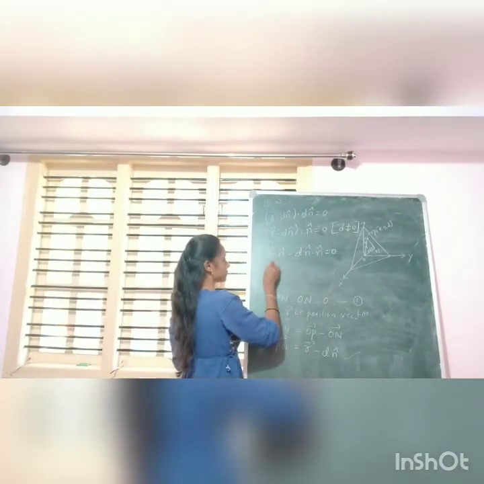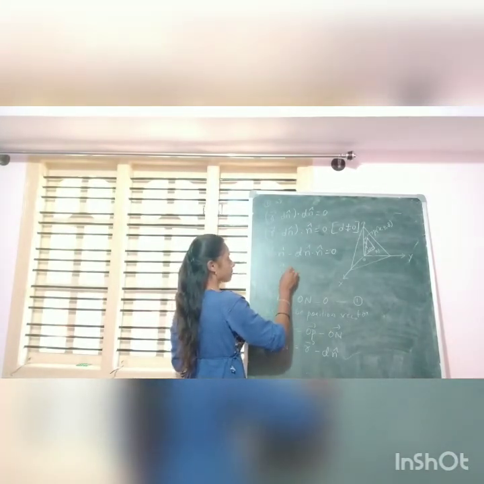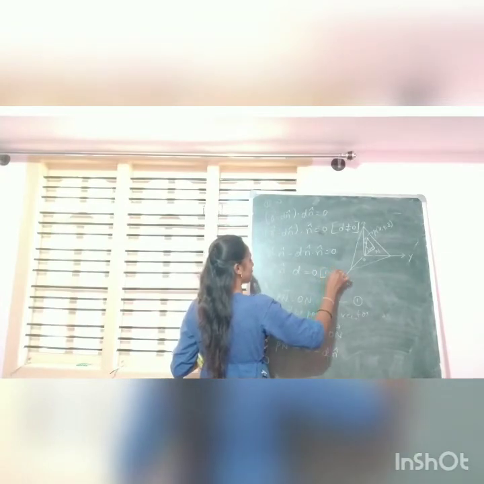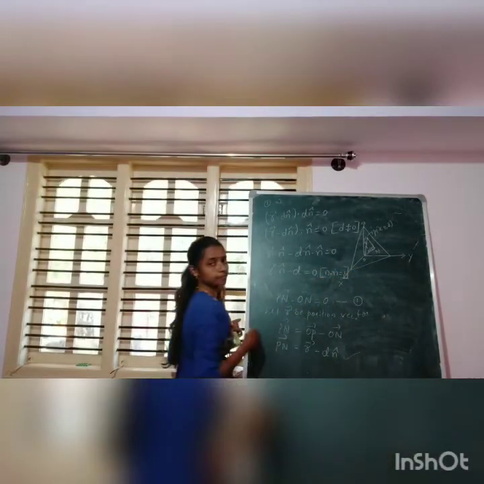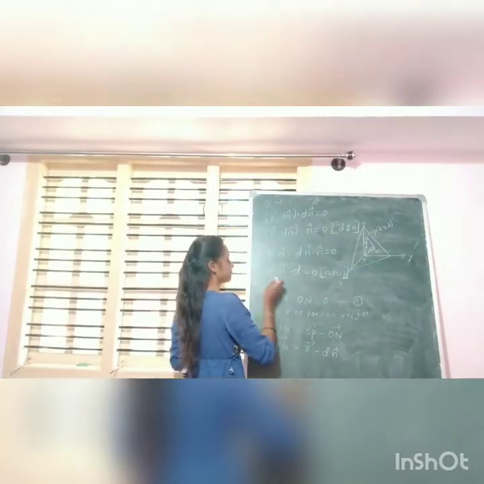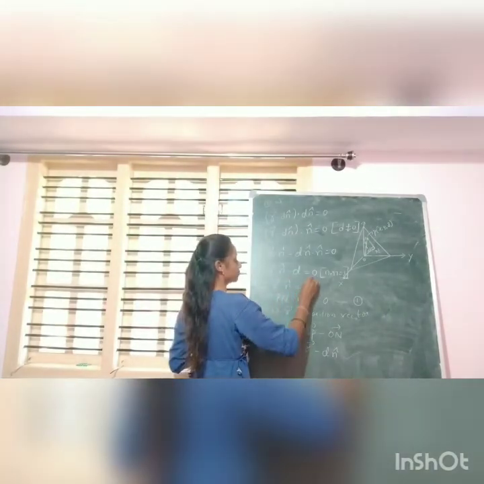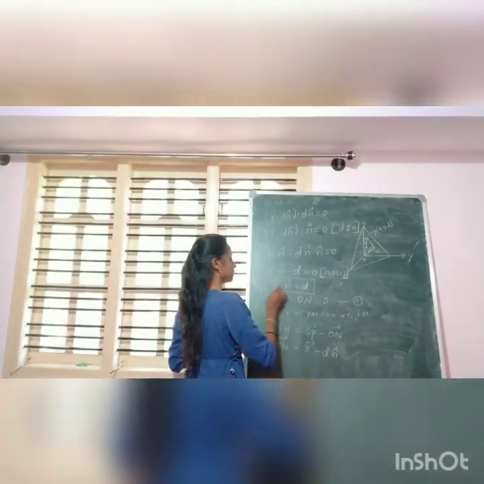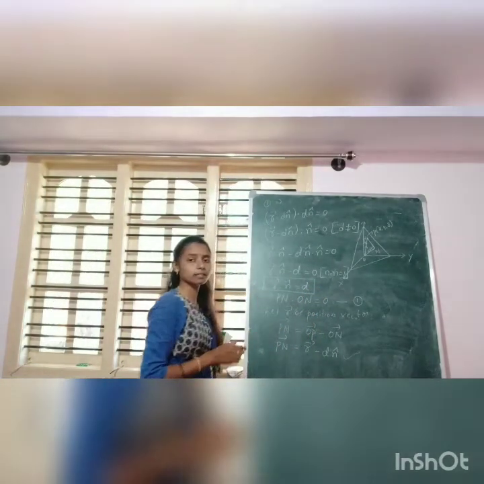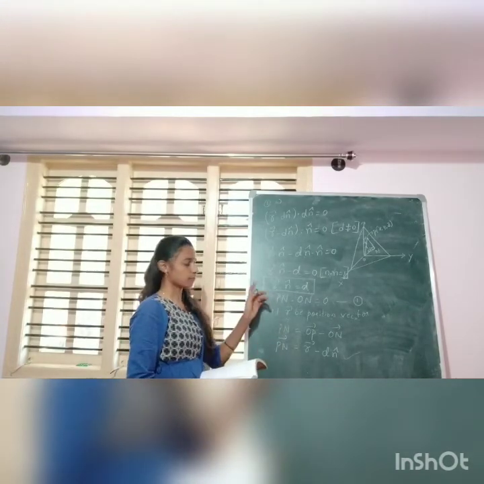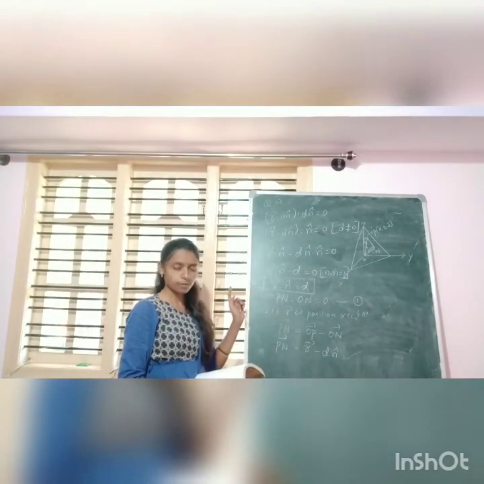I can write vector R dot N cap minus D is equal to 0 because N cap dot N cap is 1. And so I can write vector R dot N cap is equal to D. This is the equation of a plane in normal form. Is it clear? This is the vector form of equation of the plane.